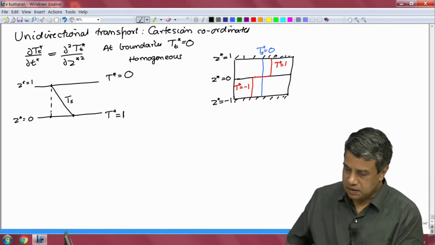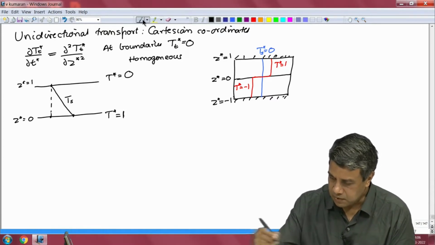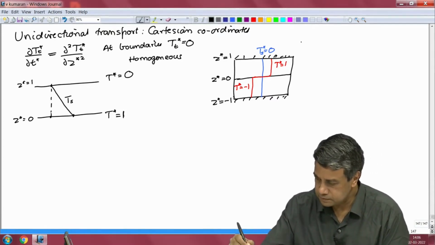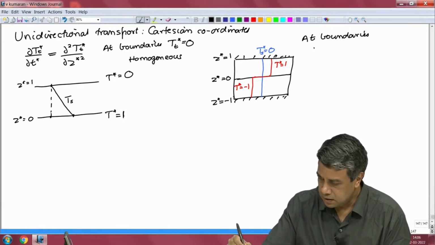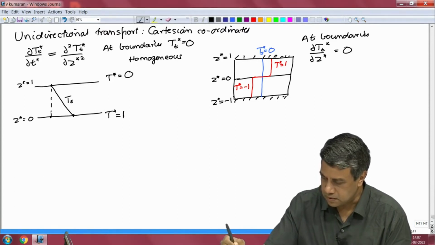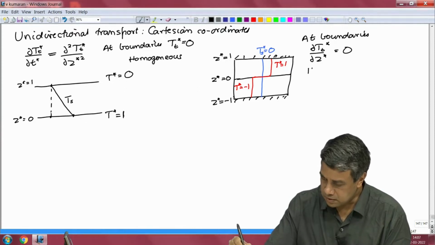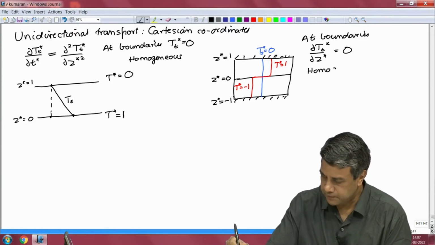And in this particular case, at the boundaries, I had partial T by partial z is equal to 0, and I had also told you that these are also homogeneous boundary conditions.